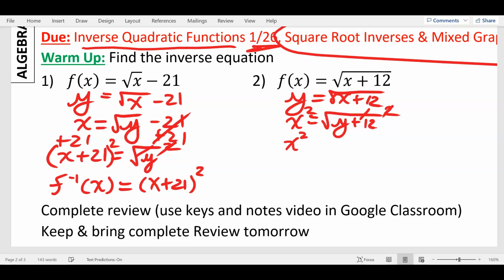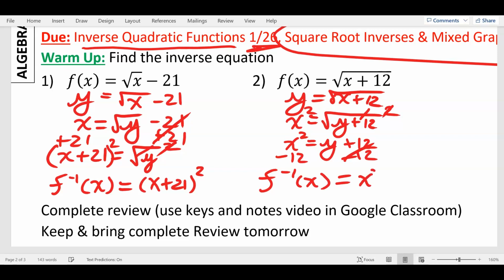X squared equals y plus 12. What do y'all think I do last to get y by itself? The opposite of the plus 12, minus 12. What's x squared minus 12? Just x squared minus 12, right? I can just skip to the final step now that it's just y. F inverse x equals x squared minus 12. Do you see the difference in how the end looks?